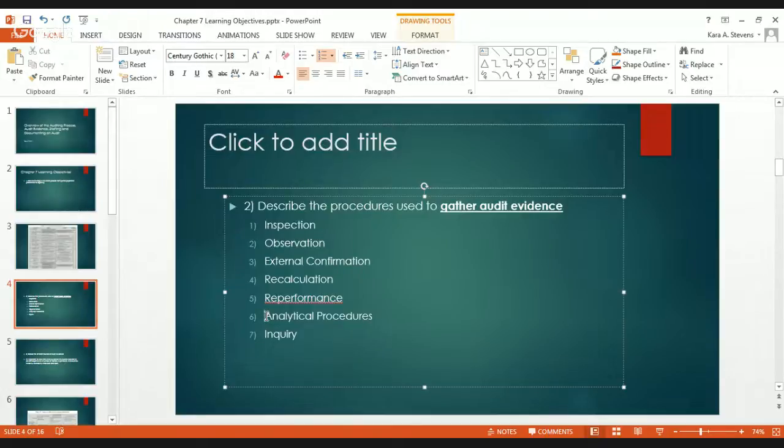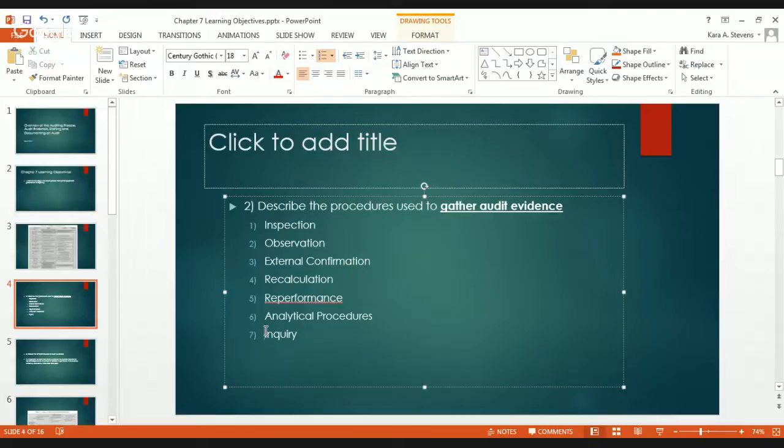So looking at the accounts analytically and trying to determine if they make sense. And number 7, simply inquiry, talking to the client and getting their take on the accounts. I will say that to actually have it count towards audit evidence, analytical procedures and inquiry alone are not enough audit evidence. And usually in each area, you'd see a culmination of each of these different procedures.